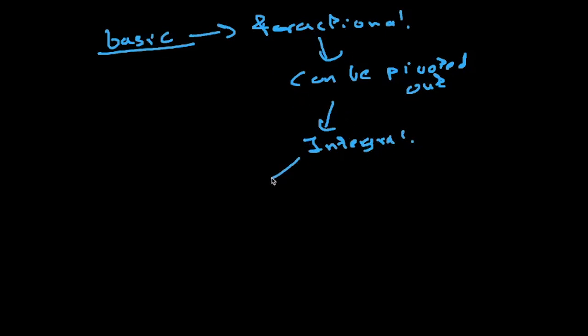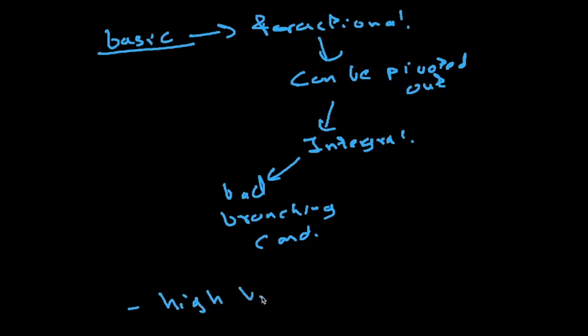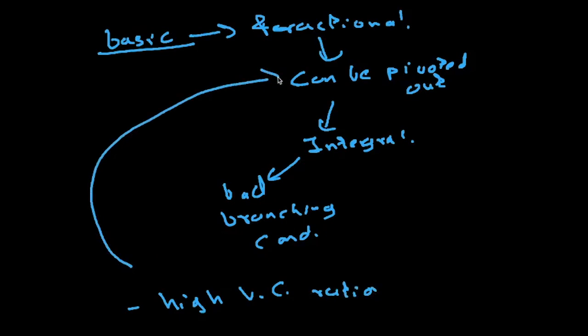Therefore, if it can be pivoted out by some dual degenerate variable, then it is a bad branching candidate, right? So why do we care about this variable constraint ratio? When we talk about a high variable constraint ratio, that basically increases the probability of that particular basic variable being pivoted out, right? So this is a high probability.